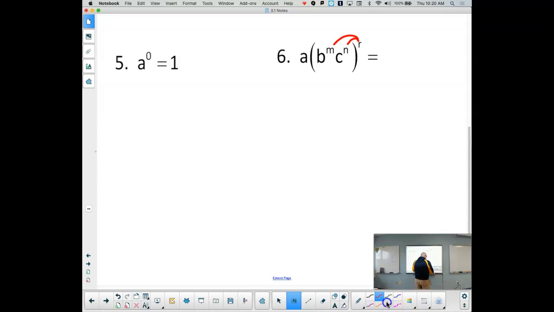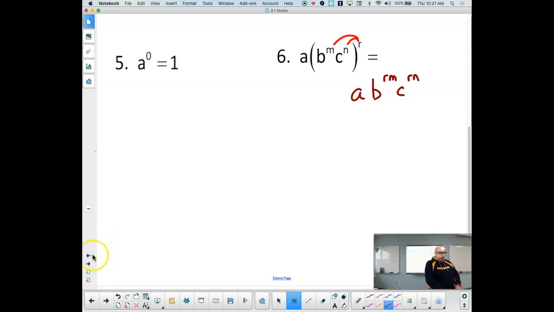So this would end up being a times b to the rm power times c to the rn power. It's about what the exponent is actually controlling. Okay? So those are some exponent properties.